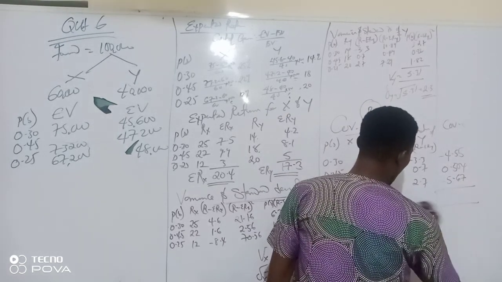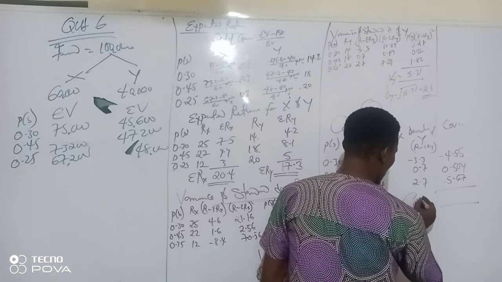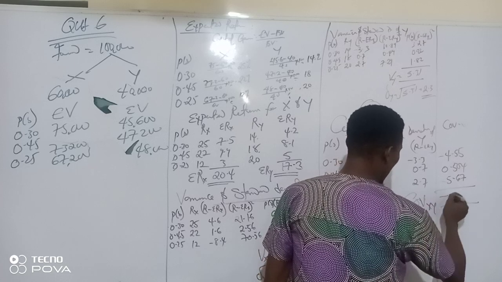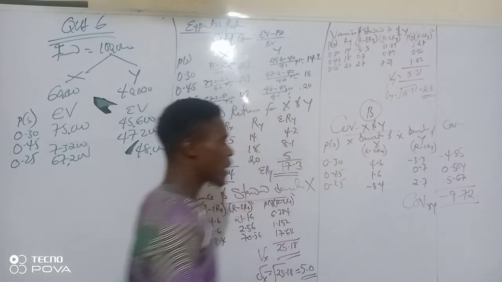So our covariance of X and Y is minus 9.72.